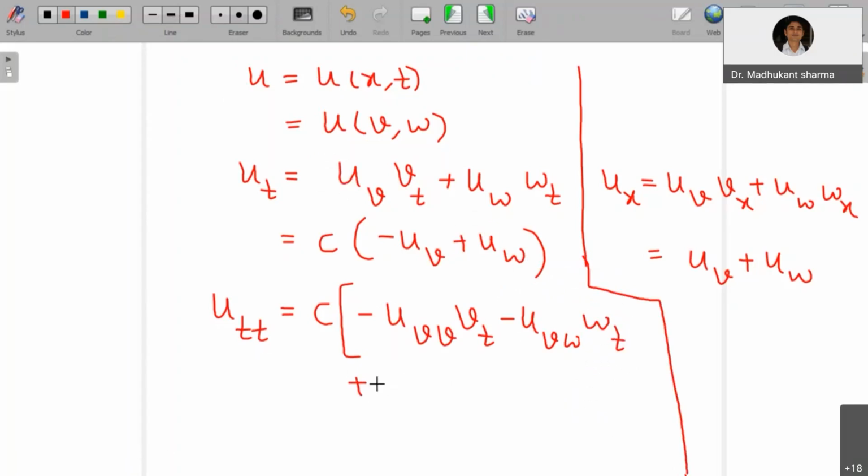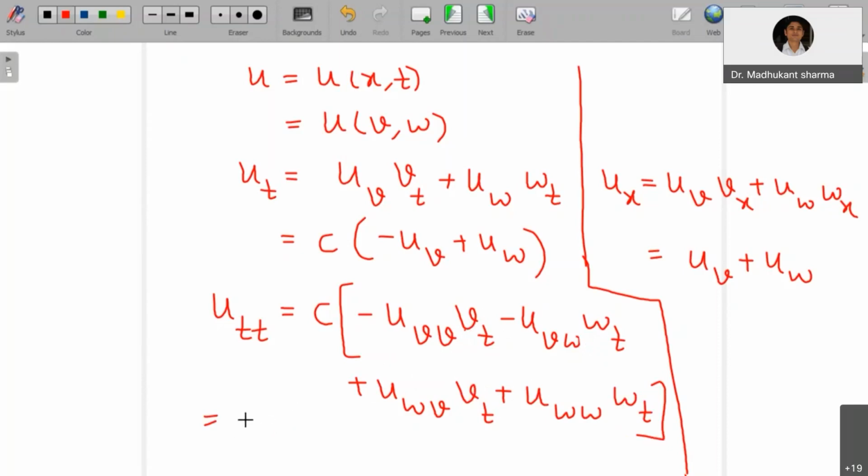For the second term, u_wv v_t plus u_ww w_t. Now v_t is minus c and w_t is plus c.